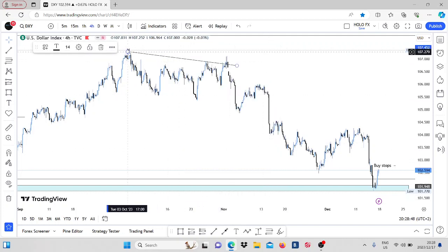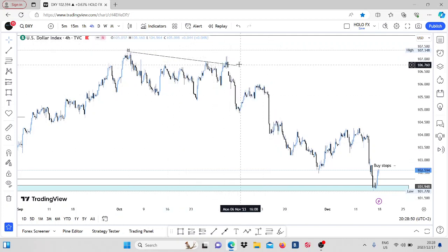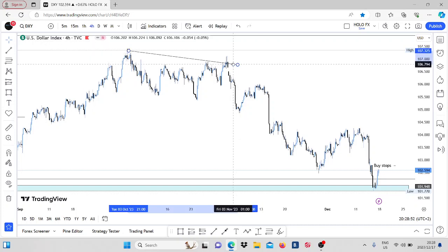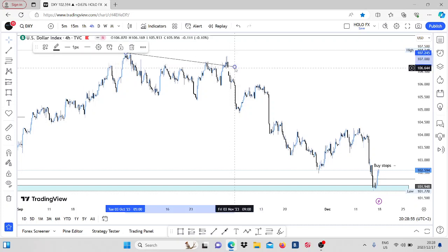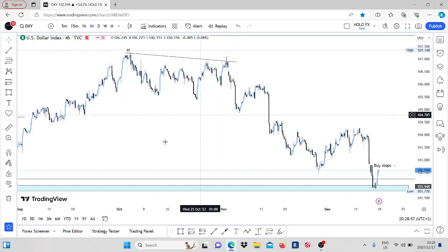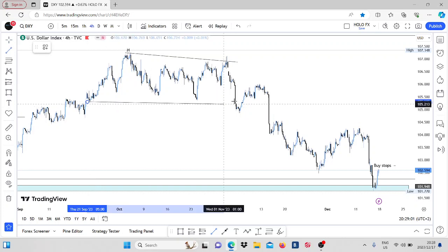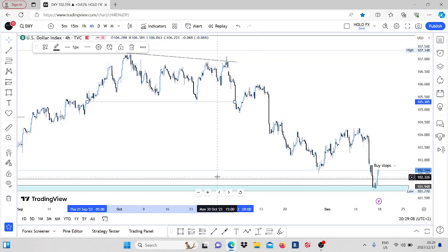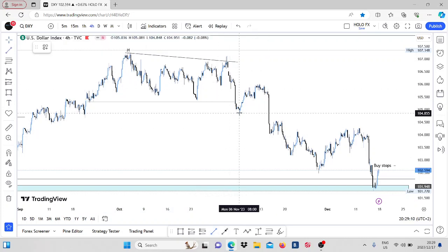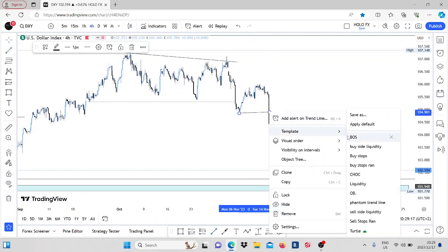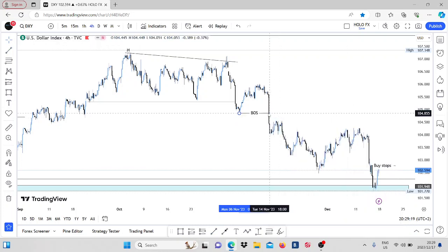On a 4 hour, we still had a high, and we can argue that after the consolidation, we had a breakdown to the downside, which is our proper break of structure on this side, right.